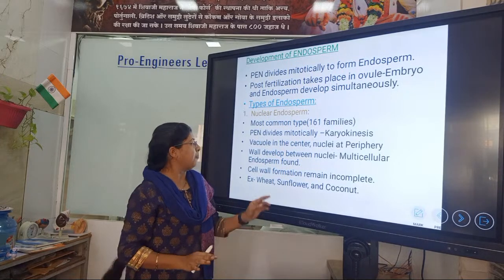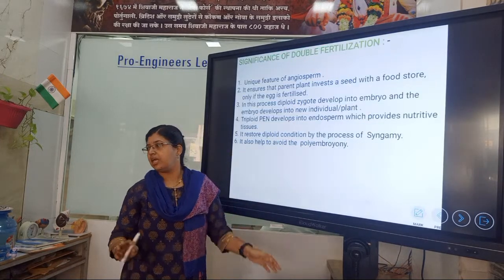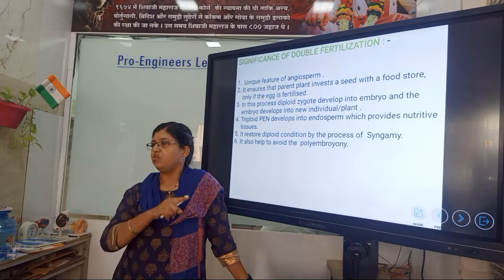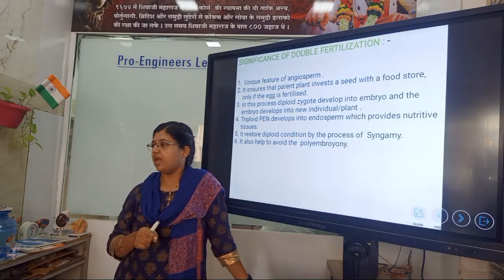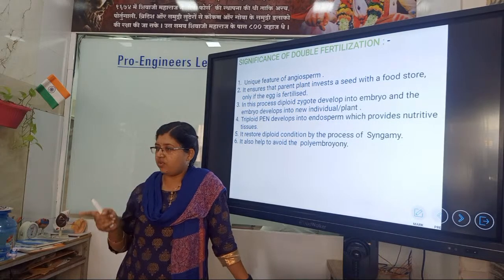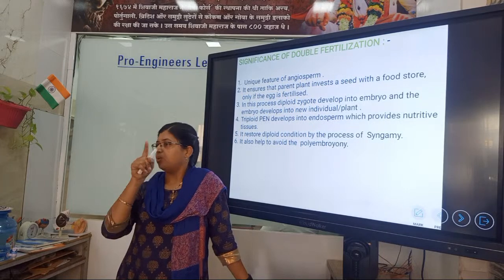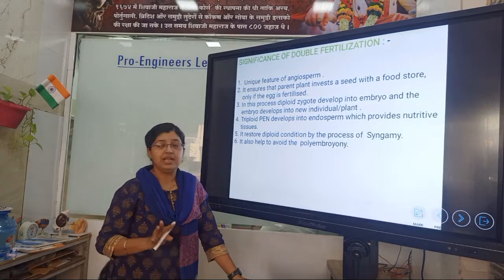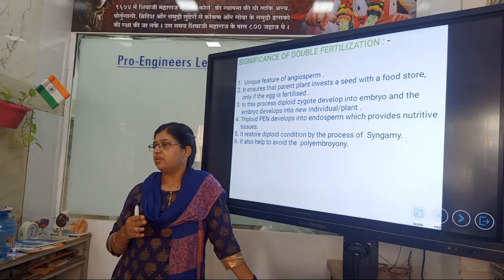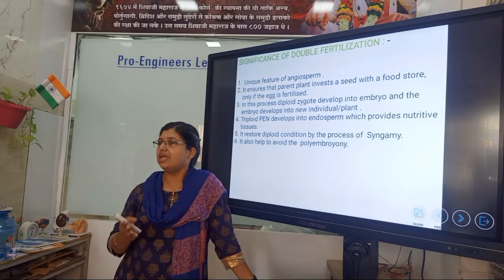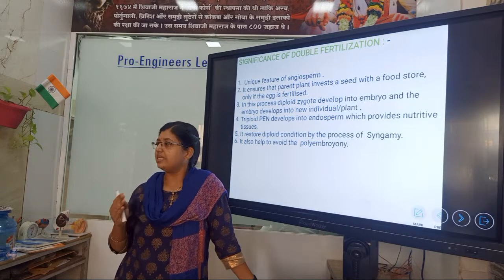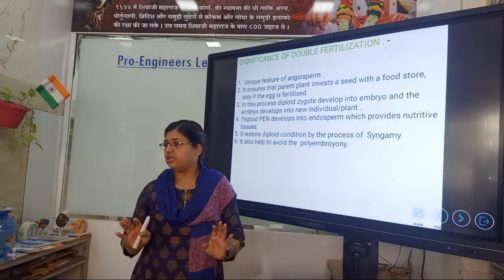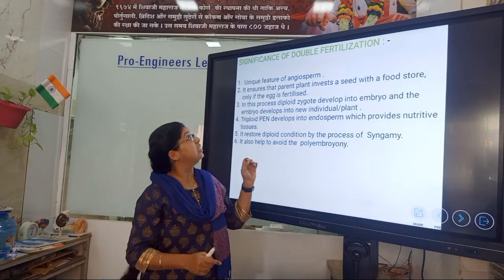Then there is formation of free nuclei at the periphery, and the vacuole is present at the center. After that, cell wall formation takes place. Clear?